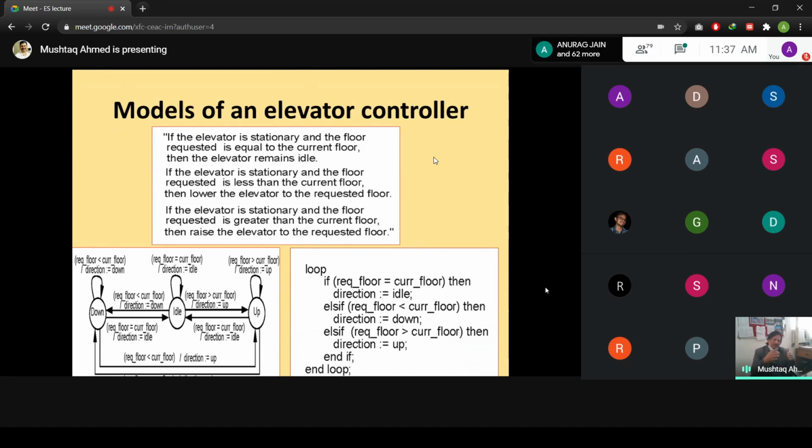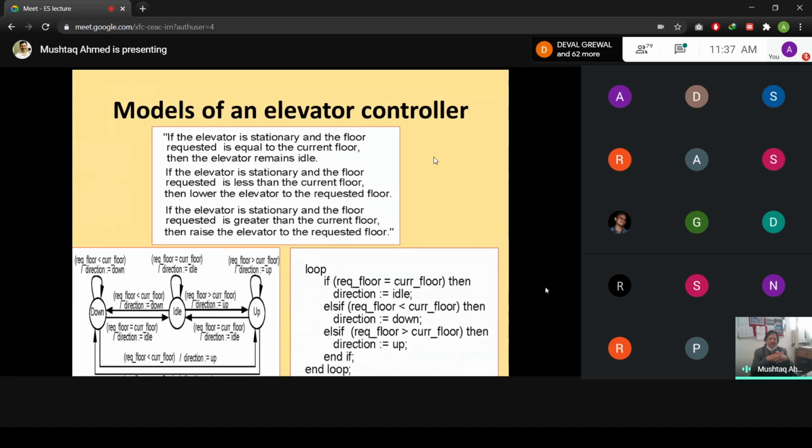The lift which is nearer would only be allowed to go for that, or if the requested lift is already operational and the other is idle, in that case the idle one should be allowed to use that request, and it should come in order to access that lift.